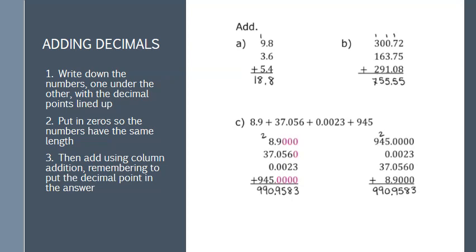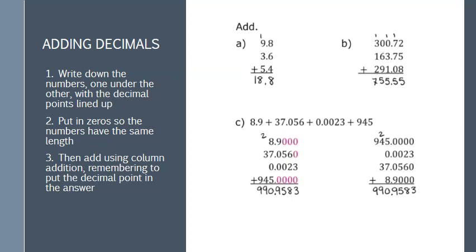Sometimes, instead of being asked in the vertical way, it will ask you horizontally. And when it asks you horizontally, it could be a little complex, because when you align your decimals, they're going to be in all different places. So 8.9 plus 37.056 plus 0.0023 plus 945. Okay, so 8.9, we'll put that first. And then we'll put 37.056, easily enough.